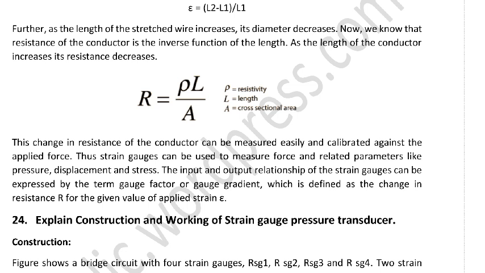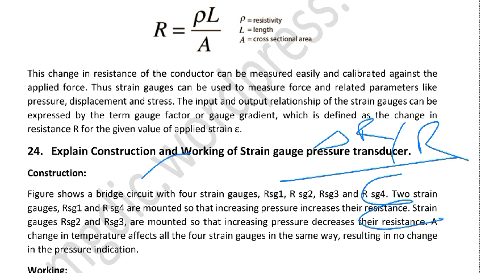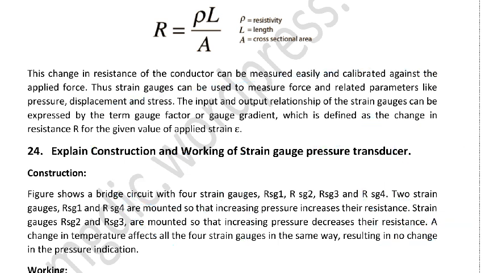The input and output relations of a strain gauge can be expressed in terms of the gauge factor or gauge gradient. Somewhere it's called the gauge gradient, somewhere the gauge factor, which defines the change in resistance relative to the original resistance, divided by strain. This is the gauge factor. You should memorize this formula for the gauge factor.